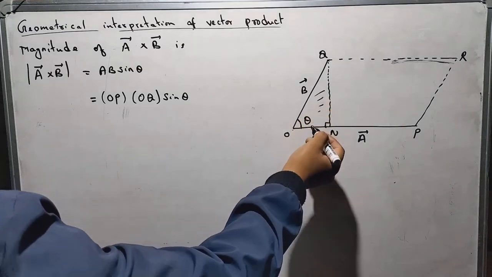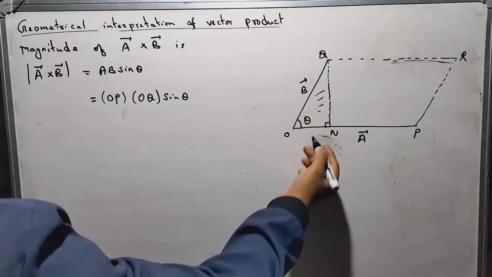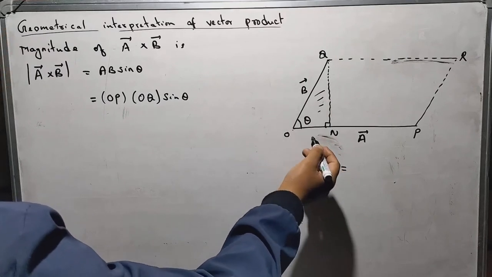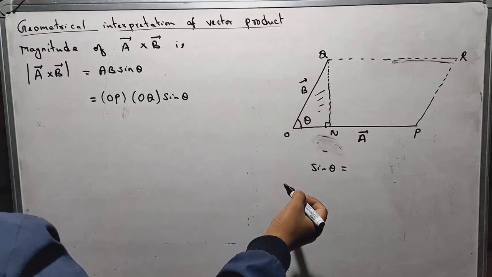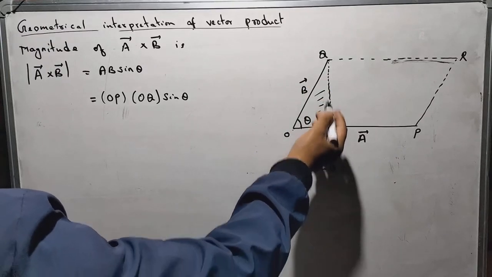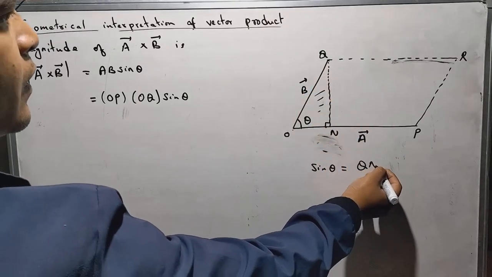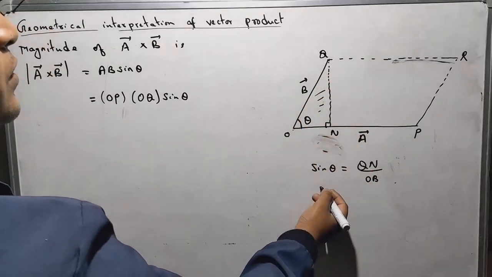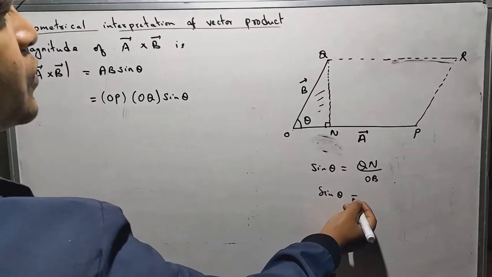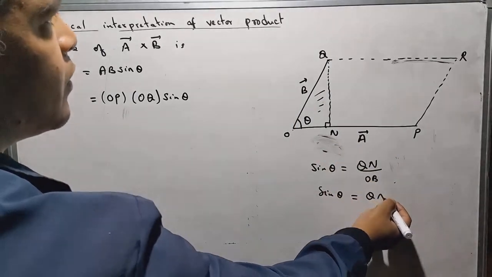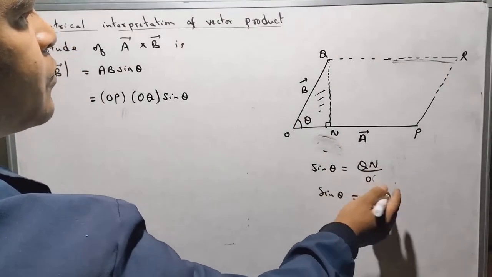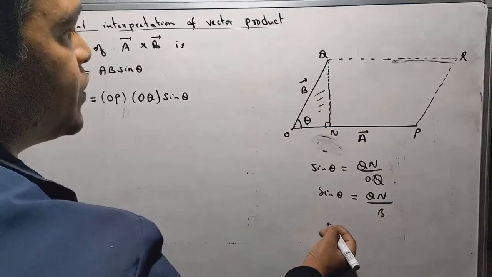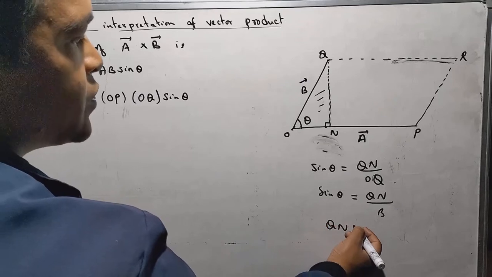See, this is my right angle triangle ONQ. So when you take sine theta in this right angle triangle, we know sine is equal to perpendicular by hypotenuse. So your perpendicular is QN and your hypotenuse is OQ. So sine theta is equal to QN upon OQ, but OQ is equal to B. So QN is equal to how much?